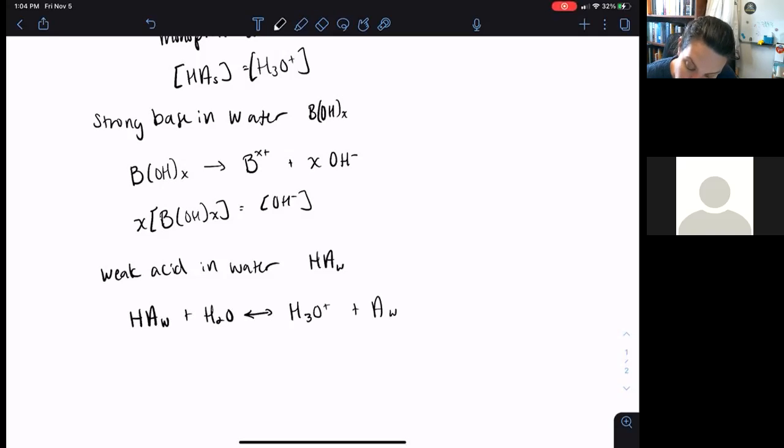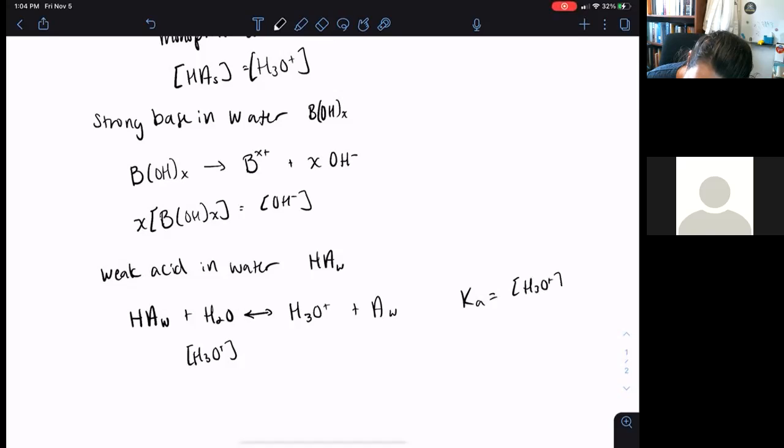So to determine our H3O+ concentration, we have to take our Ka. So keep in mind that our Ka will be equal to our hydronium concentration times our anion divided by our intact molecule.